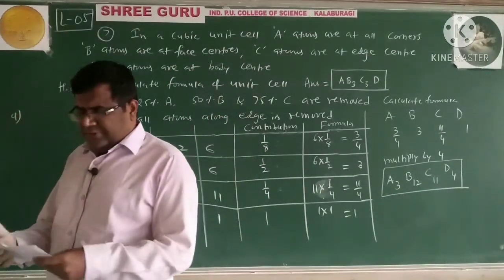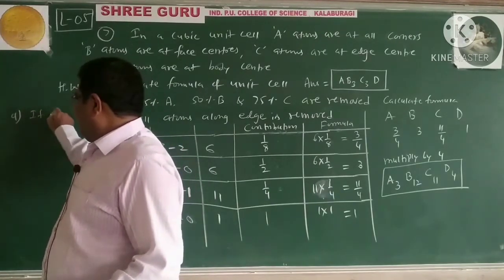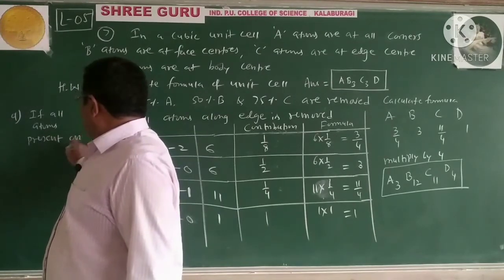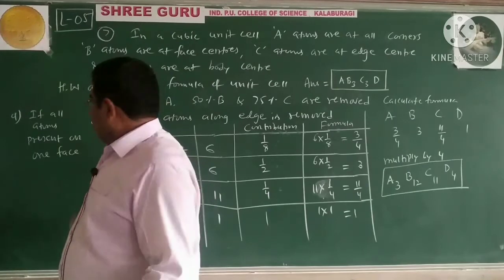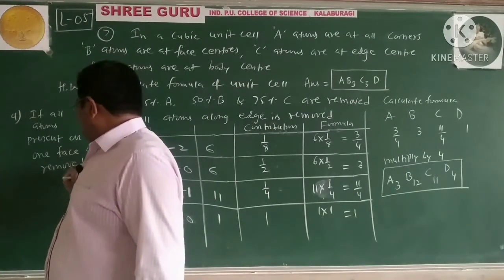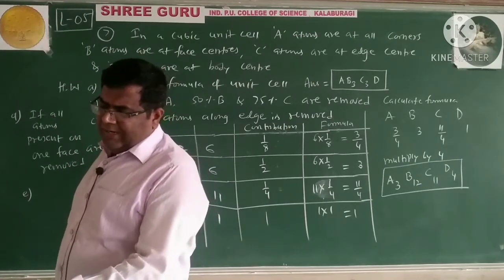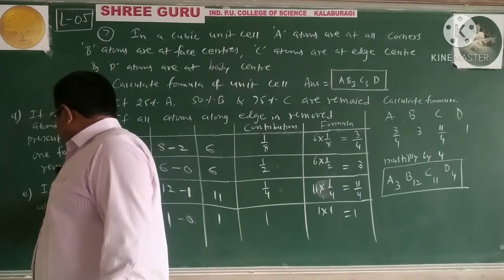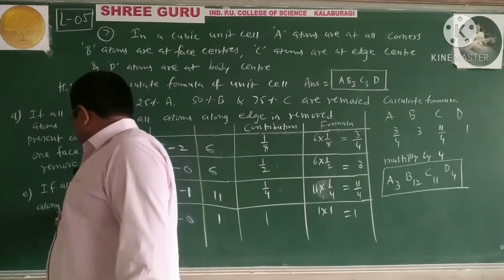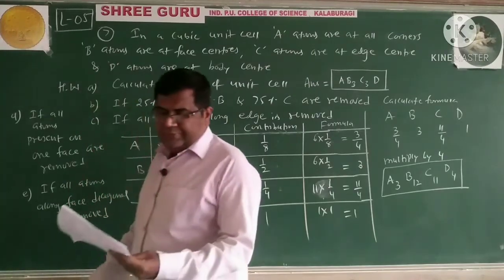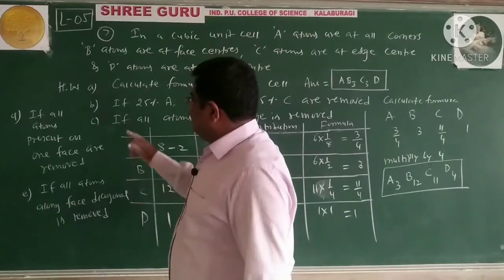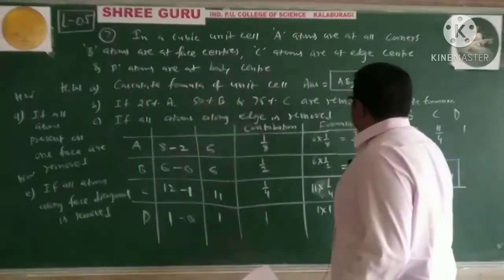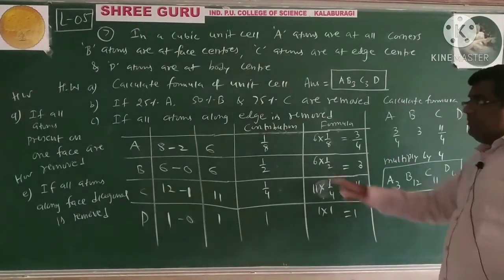So situation D I am talking about is, if all atoms present on one face are removed, and E will be if all atoms along a face diagonal are removed. The one that is C we have solved, D is homework, E is also homework, and there is no place here, so I write F here.